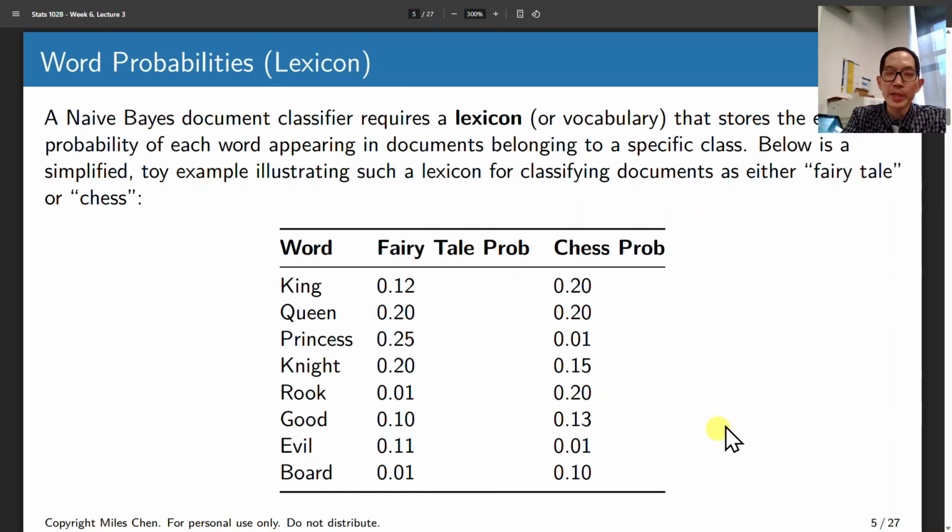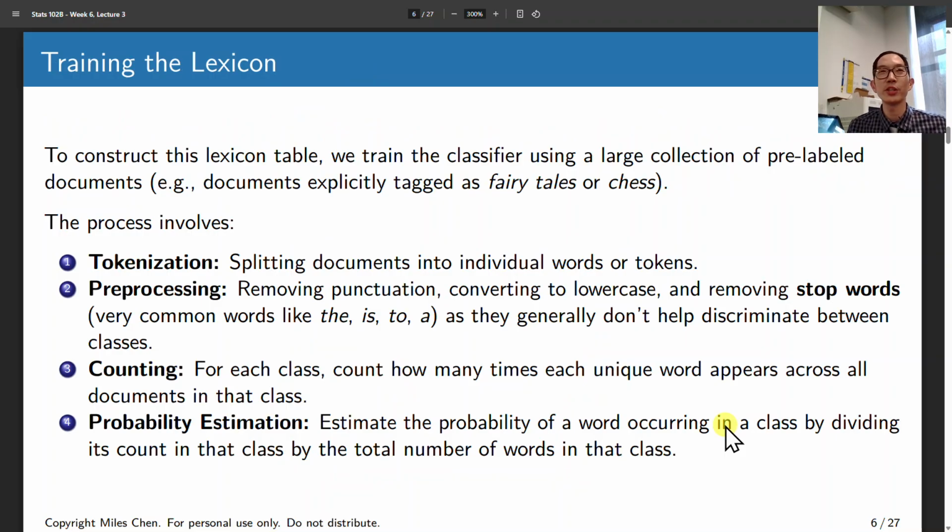This I just made up, but in general, you would actually train the lexicon by taking documents where you know the class, right? So you might say, okay, here's our archive of documents, and all of these documents have been labeled, okay?